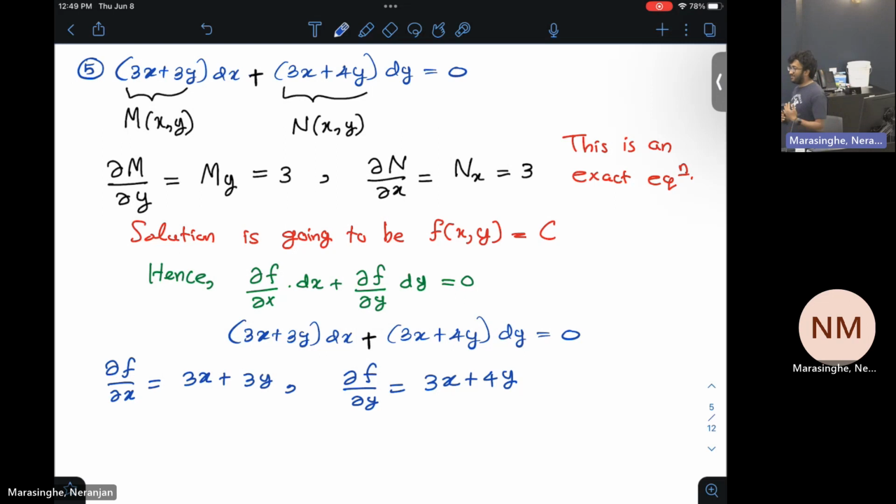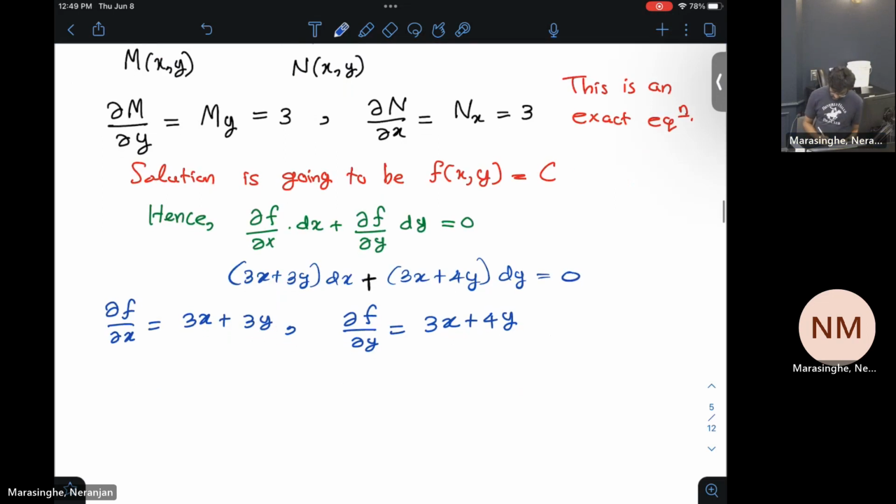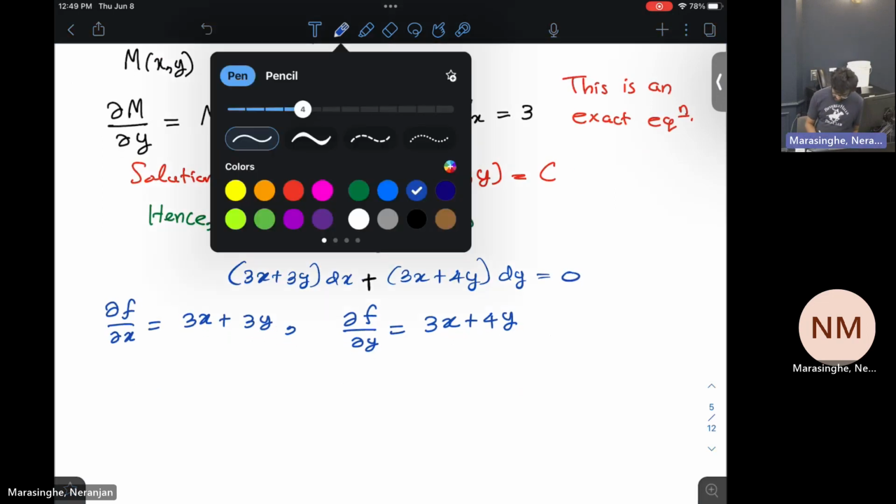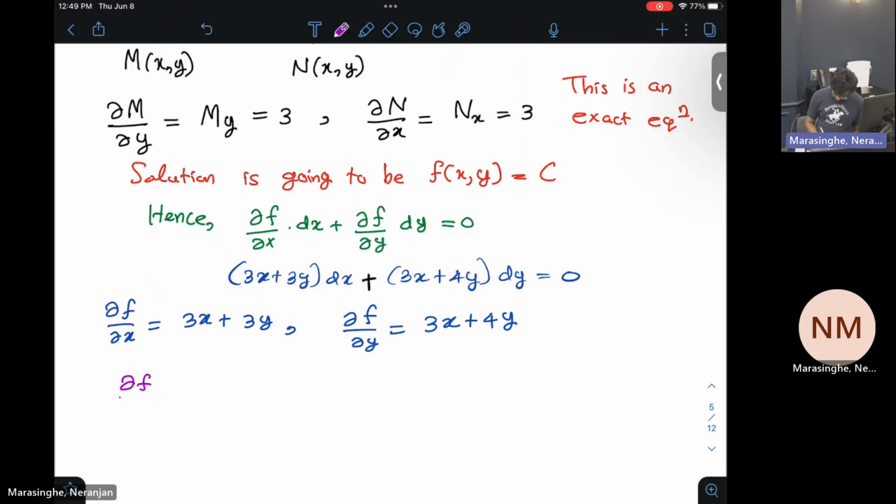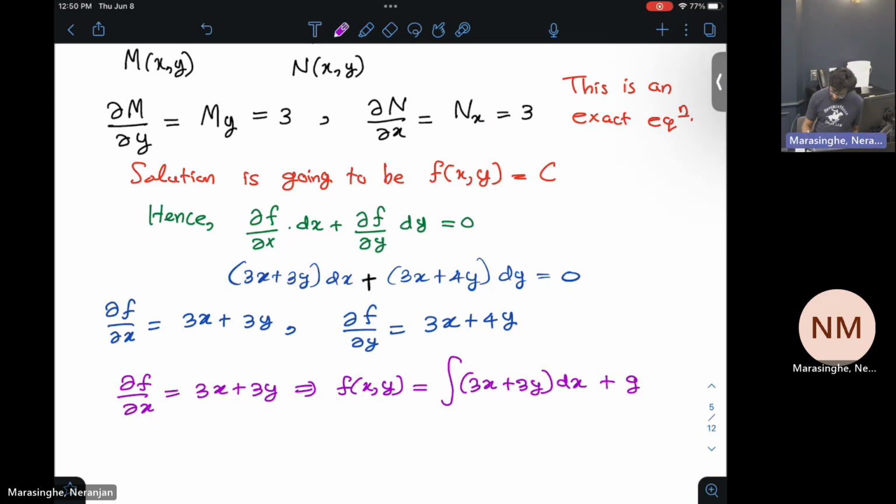That was kind of the second step, right? After proving the exactness, this is the second step. Then choose one of them and integrate. I would choose the first one. Partial f over partial x is equal to 3x plus 3y. Then I would integrate. Then what would I get? f(x,y) is equal to integral of 3x plus 3y with respect to x, and I would get a function of y since I am dealing with partial derivatives.